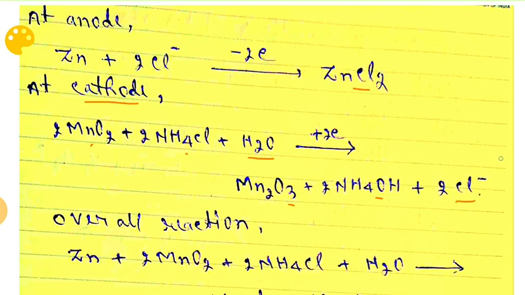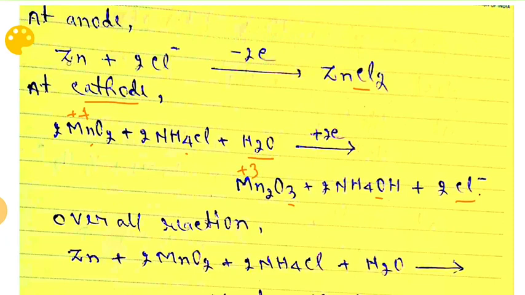What happens here? Here manganese is reduced. It has +4 charge, and here it has +3 charge. So manganese is reduced and zinc is oxidized.